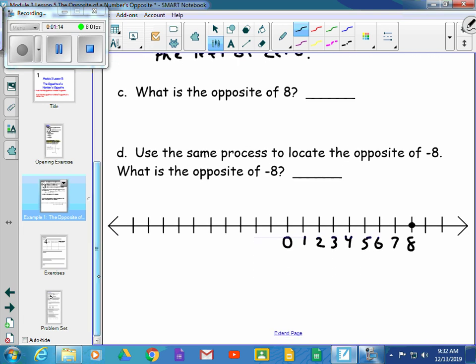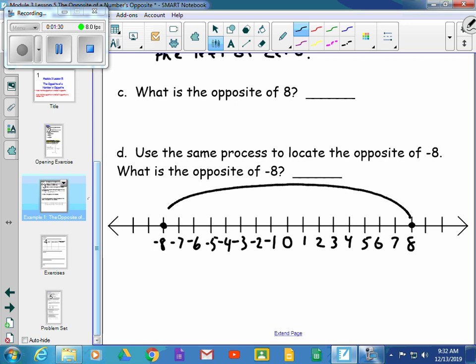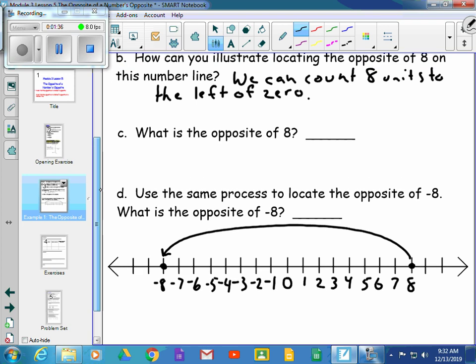So on the number line, start at 0, go 8 units to the left. If we started out with 8, the opposite of 8 would be negative 8. Okay, it's on the other side of 0, the same distance. So the opposite of 8 is negative 8.